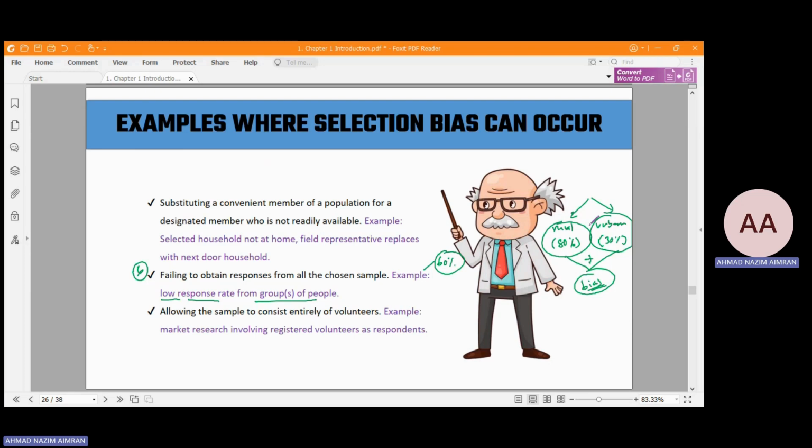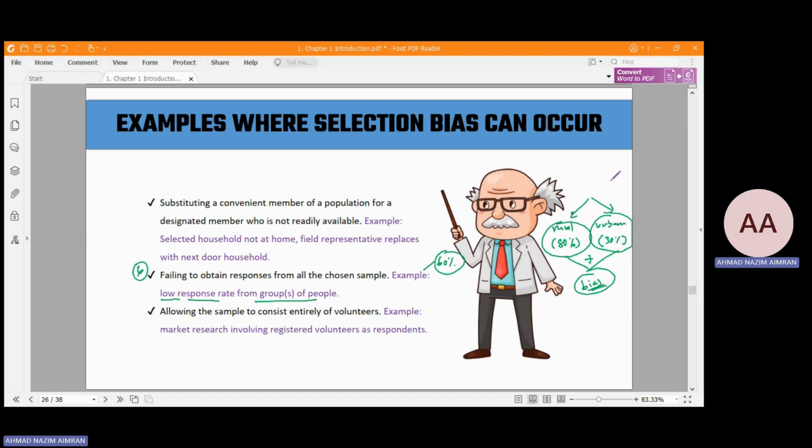So what you can do to solve this problem is apply weightage to make sure that the proportion of the sample in the rural area and the urban area is equal to the proportion of their population. Okay, and I will discuss this in more detail in our next chapters.